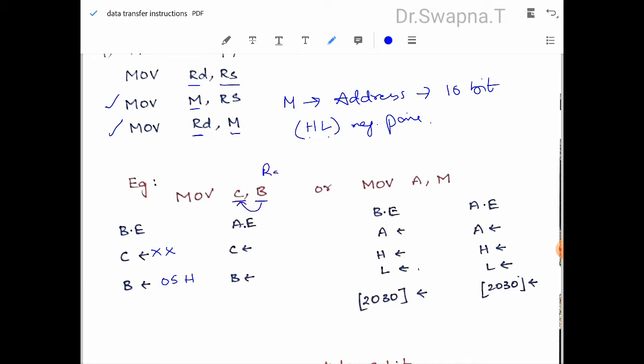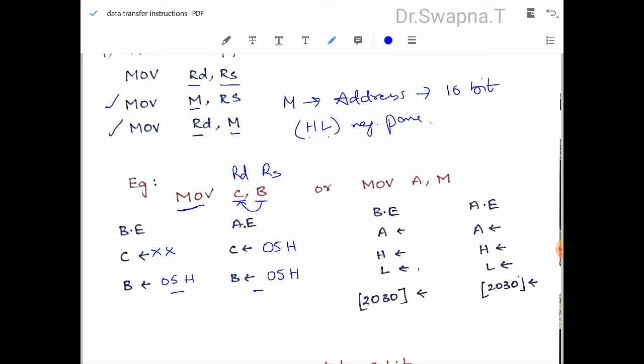This is your source and this is your destination. So after the execution, the C register will have 05H and the B register 05H, because the move instruction only copies the data from the source to the destination. It will not alter the data in the source register. The source remains the same.